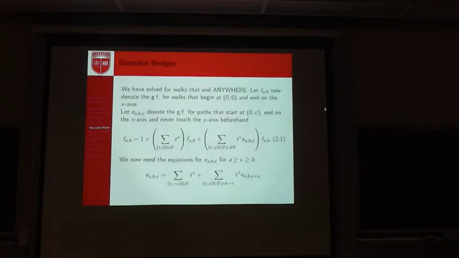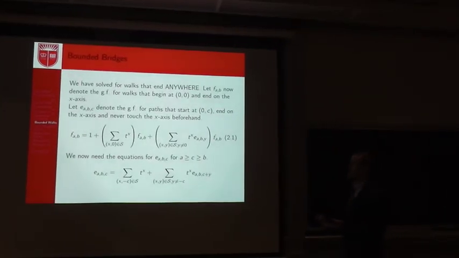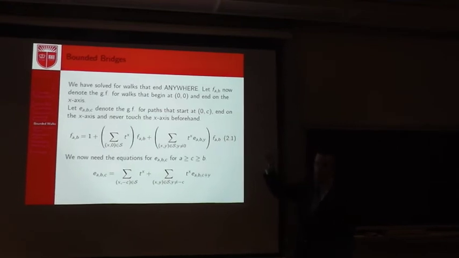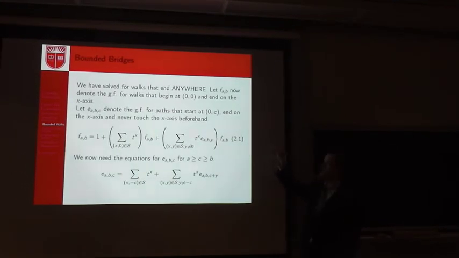Bounded bridges. So what if we want bounded walks that come back to the x-axis? Well, in this case, we have to create a new generating function, E_ABC, that starts at (0, C), ends on the x-axis, and never touches the x-axis beforehand.